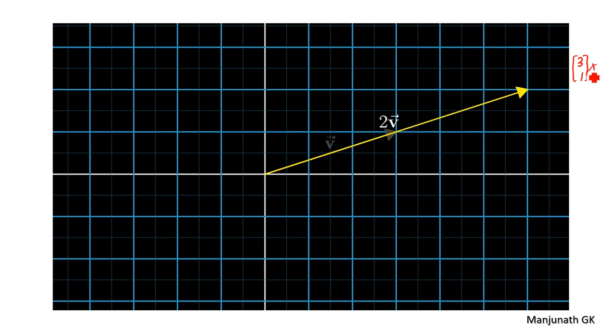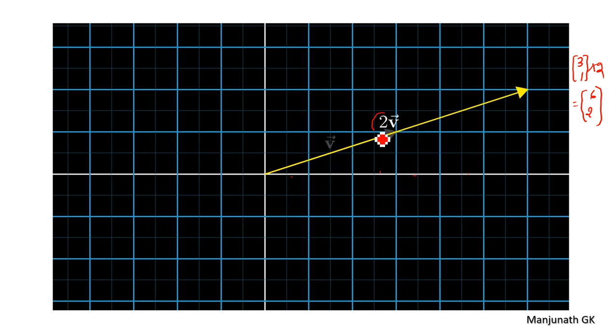If you multiply by 2 here, what could be the result? 6 and 2. Can you observe the same vector after multiplying a scalar to the vector v? Have we got 1, 2, 3, 4, 5, 6? 6 units along the x-axis, 2 units along the y-axis.